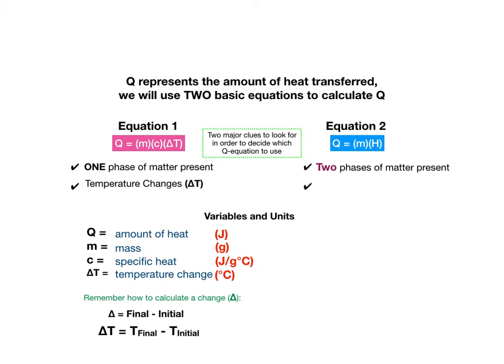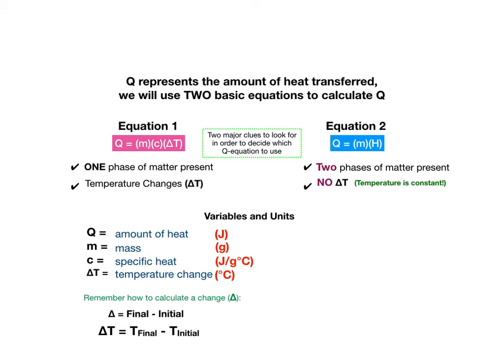Also, another big clue is that there is no delta T when we use equation 2. In fact, the temperature remains constant during this type of energy transfer. So a big clue or way a question may be written would be that a substance melts at 0 degrees Celsius. Notice the temperature is at a particular very specific temperature and not changing.